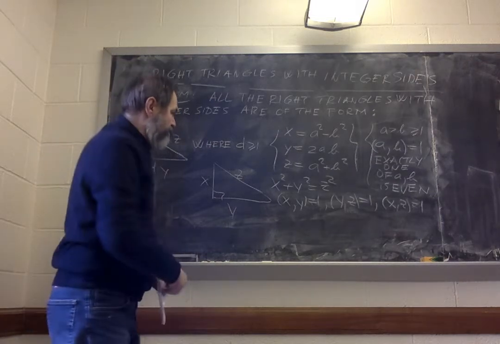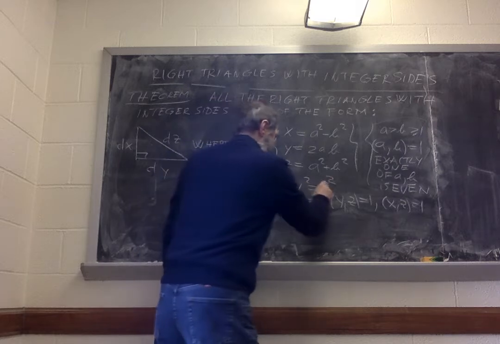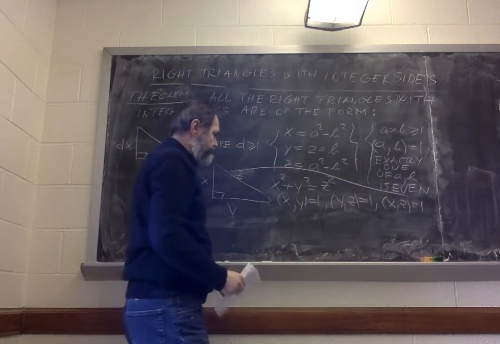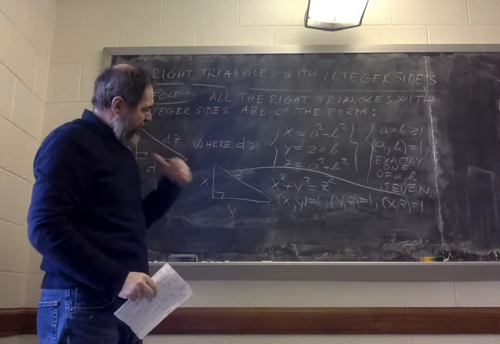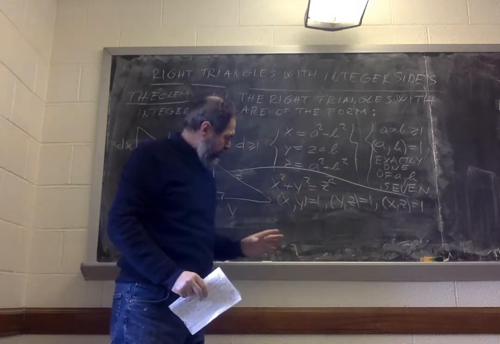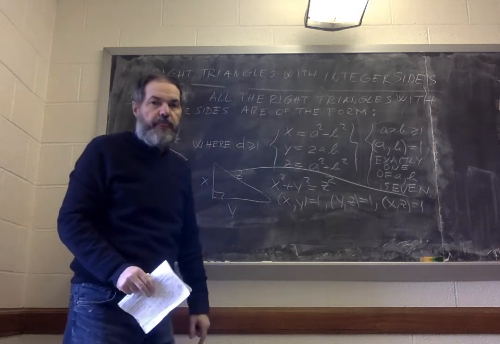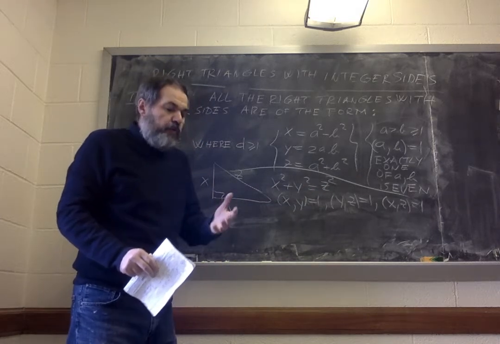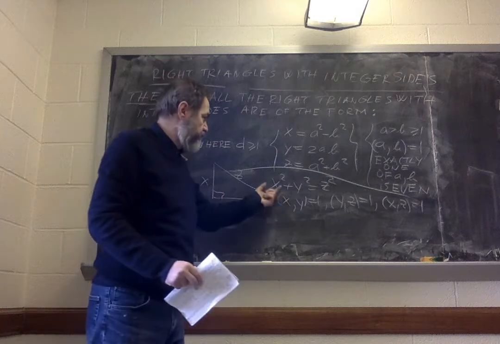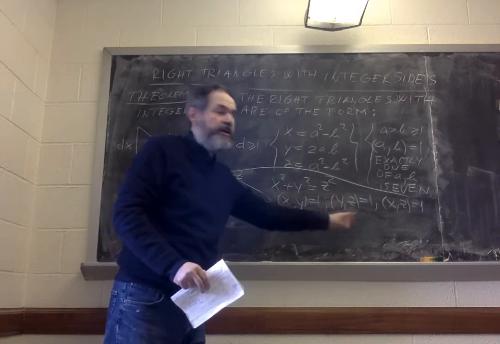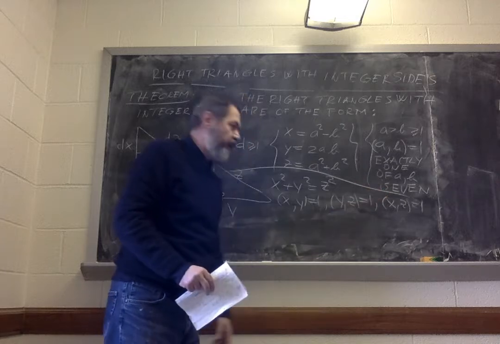Well, first of all, I claim that if I have an expression like this, they are relatively prime. Exactly one of the numbers is even. You cannot have two numbers even, because if x and y are even, this is not 1. If x and z are even, this is not 1. Same for y and z.